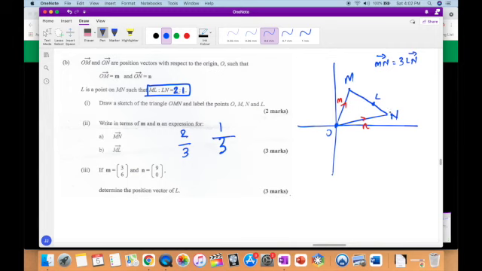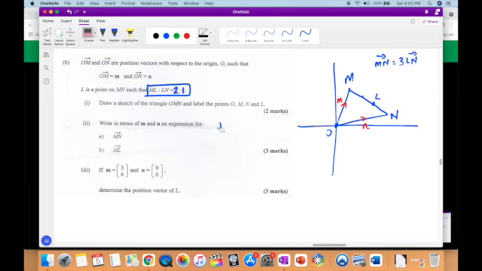So therefore, this is a 1 to 2 ratio. So one of this will give me 2 of these. So here is L to N, and then here is LN as well, and then here is LN as well, to give me the 3 parts, right? So because of that, I could say that MN is 3 LN.